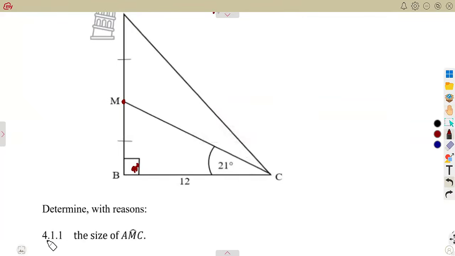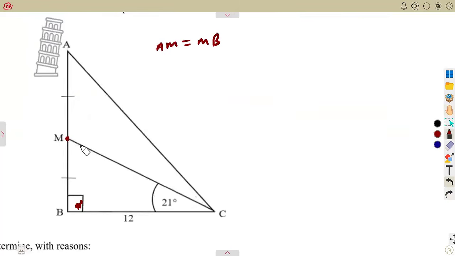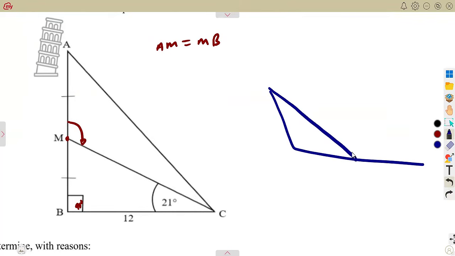The first one, 4.1, the size of angle AMC, this angle that we are seeing here. Remember from our geometry, from our grade 8, guys, we had these properties of a triangle. If a triangle is drawn, the exterior angle is equal to the sum of the opposite interior angles.